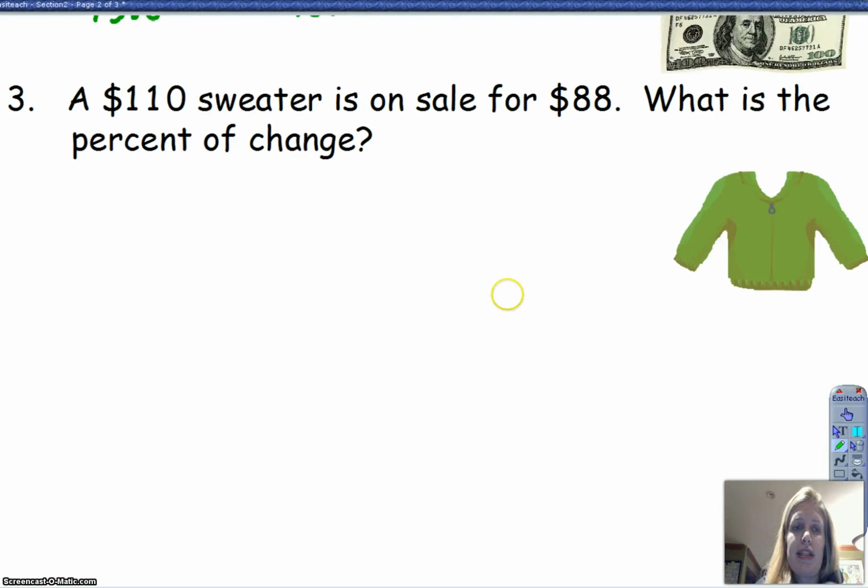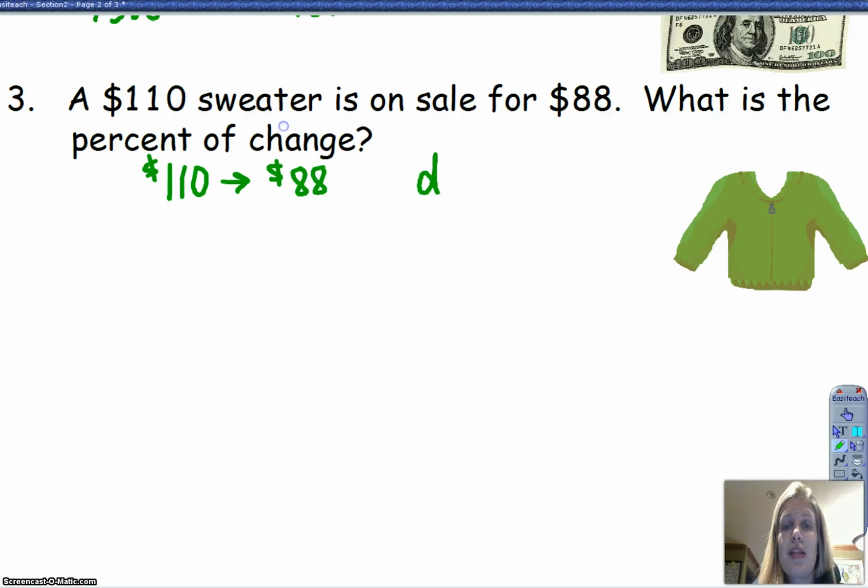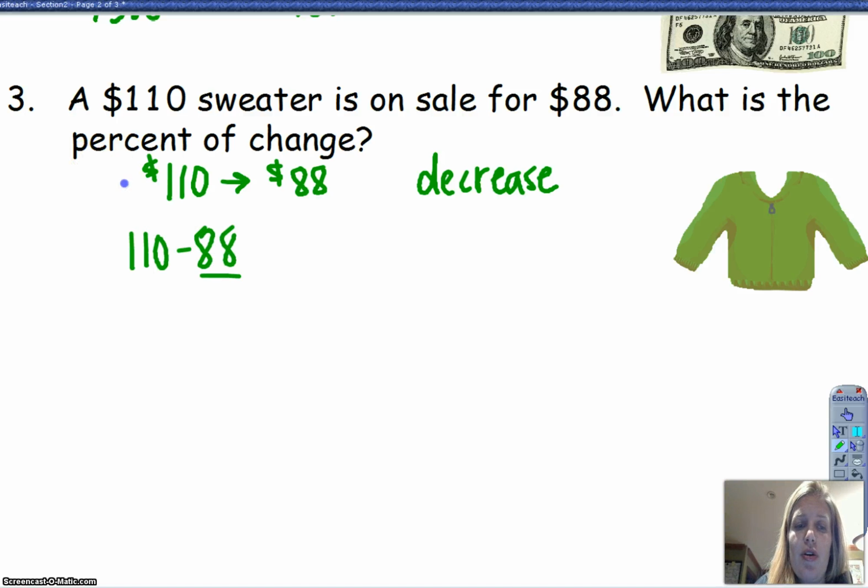A $110 sweater, so you're going to write down $110. Change, and is now on sale for $88. Now right away you should notice that this is a decrease problem, so we should make sure that we have a negative in our answer at the very end. And we don't have to deal with it until the very end. So I subtract the 2, 110 minus 88, over the original.